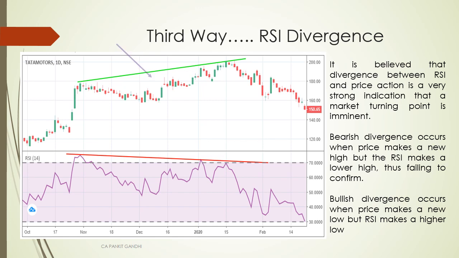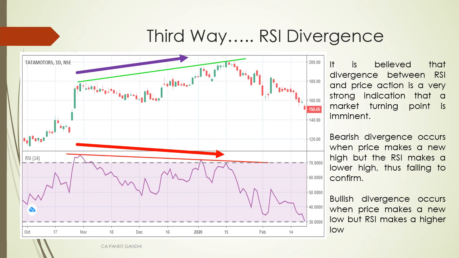In the same way, the RSI had made a lower high. The RSI went from 75 to under 70 in the same stretch. This is called divergence. You can use this as a trend reversal.